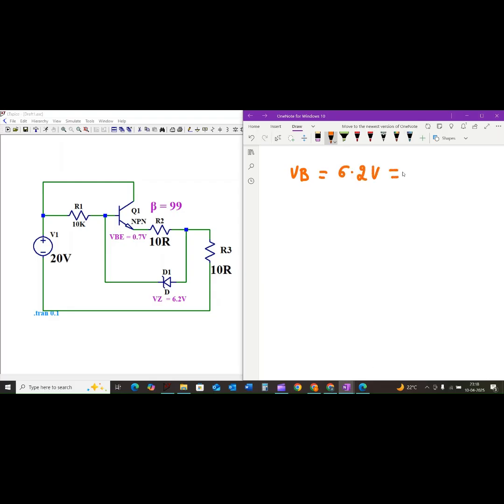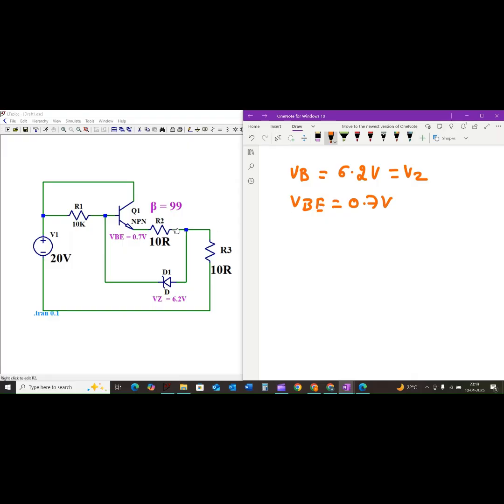Now we know that for a forward biased silicon transistor, the voltage drop between the base and the emitter, VBE, will be equal to 0.7 volt.